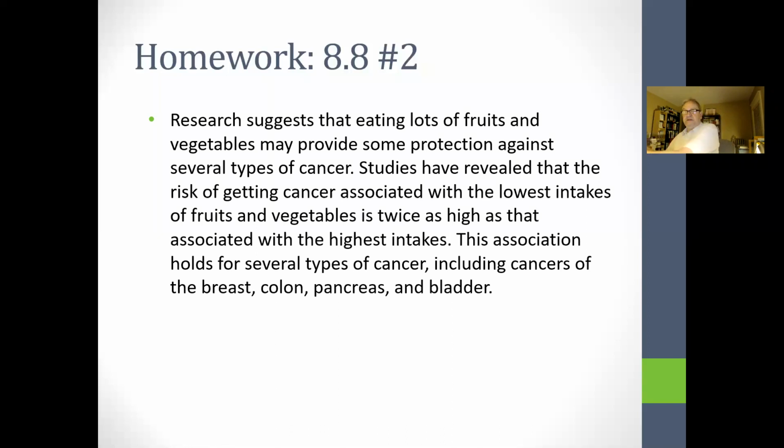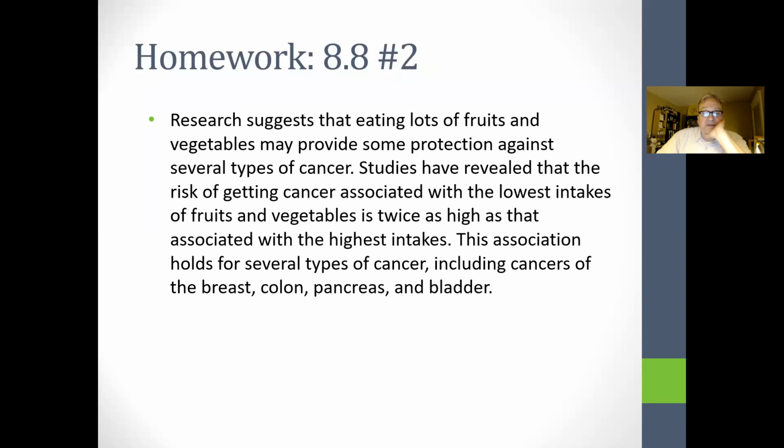So research suggests that eating lots of fruits and vegetables may provide some protection against several types of cancer. Studies have revealed that the risk of getting cancer associated with the lowest intakes of fruits and vegetables is twice as high as that associated with the highest intakes. This association holds for several types of cancer, including breast, colon, pancreas, and bladder. Okay, so let me look at that again.